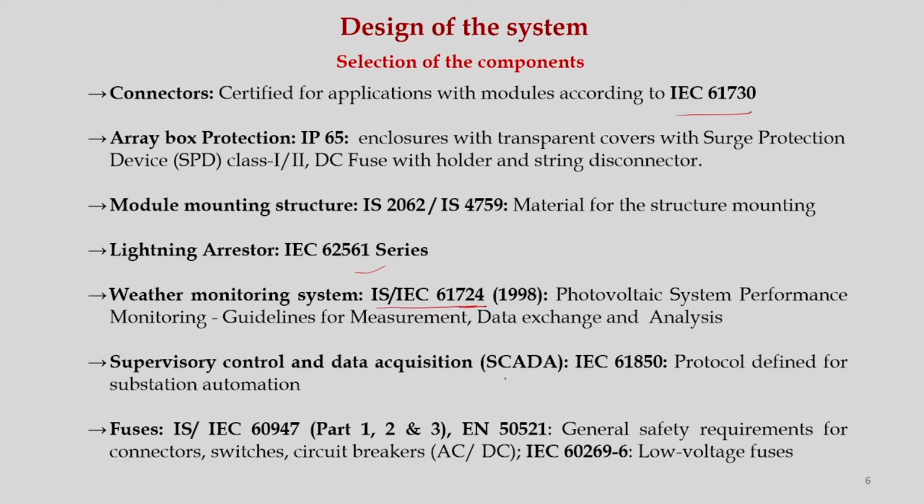Then SCADA systems also have a standard, that is IEC 61850, and fuses, as you can see, have standards. Okay? IS, Indian Standard, or EN, that is European Standards. So, these standards are normally used for a grid connected PV system.